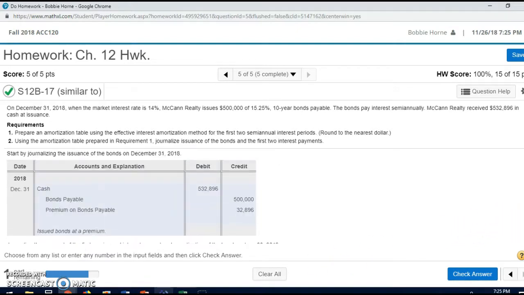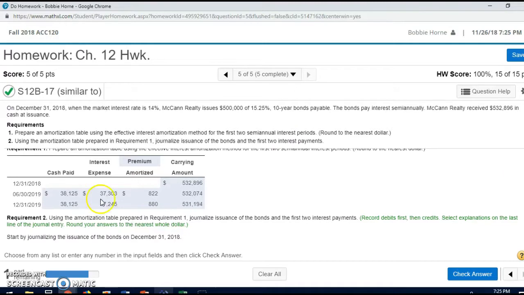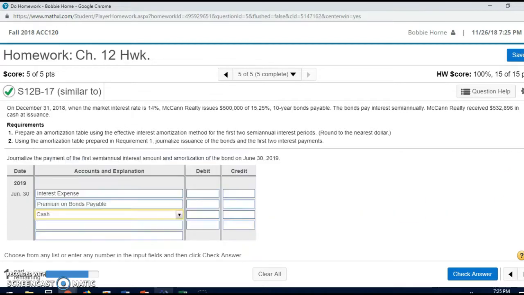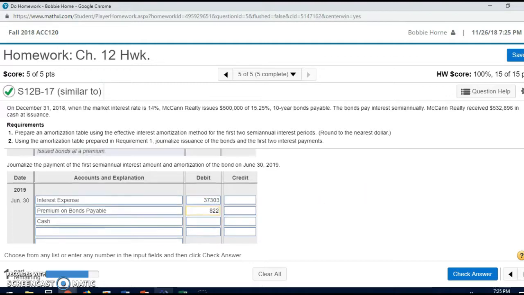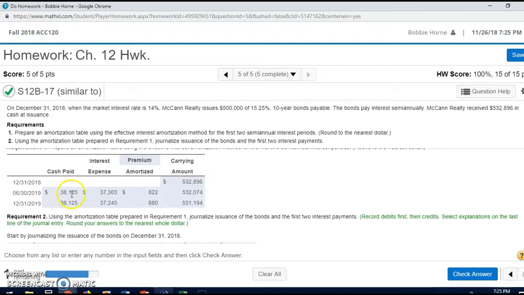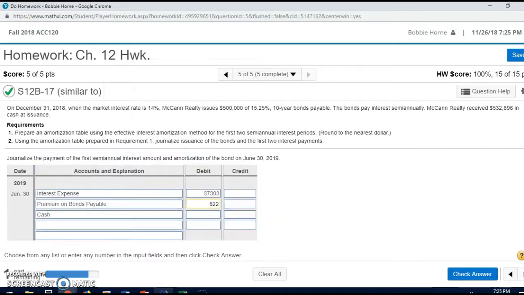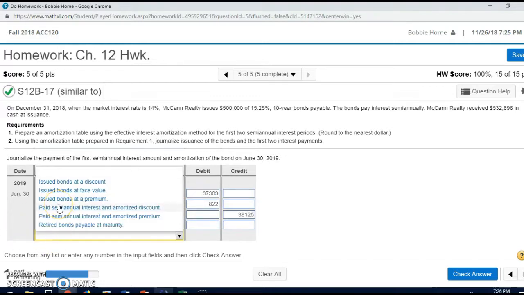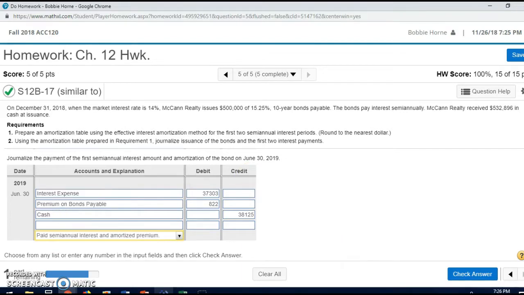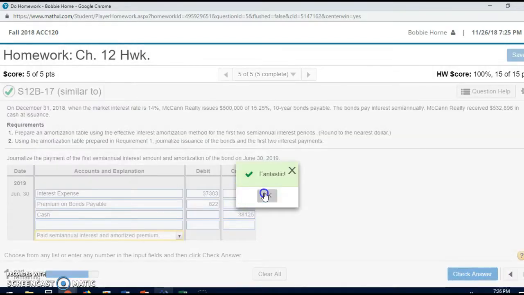So we know the interest expense was $37,303 and amortization was $822. $37,303 and $822, and the actual cash paid is the $38,125. So this is to pay the semi-annual interest and to amortize the premium.